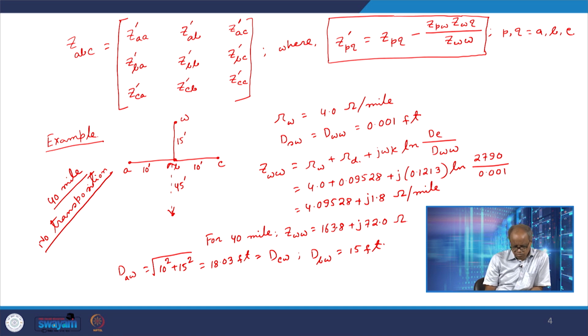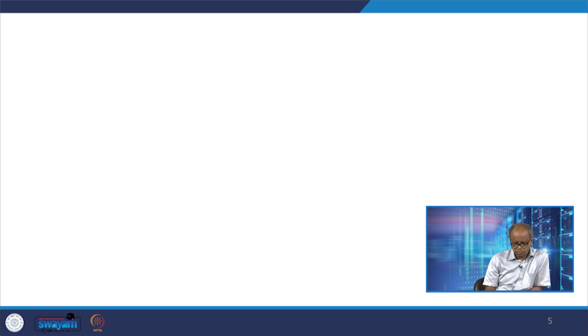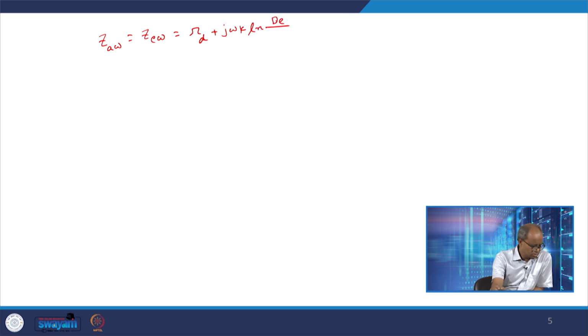So what would be the value of ZAW? That would also be equal to ZCW, which is equal to Rd plus j omega k log dE by dAW.